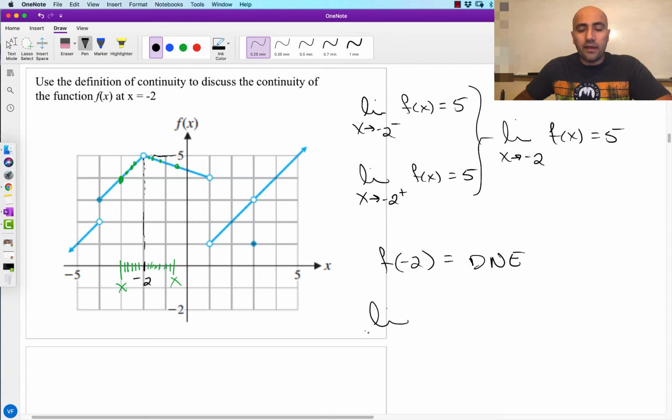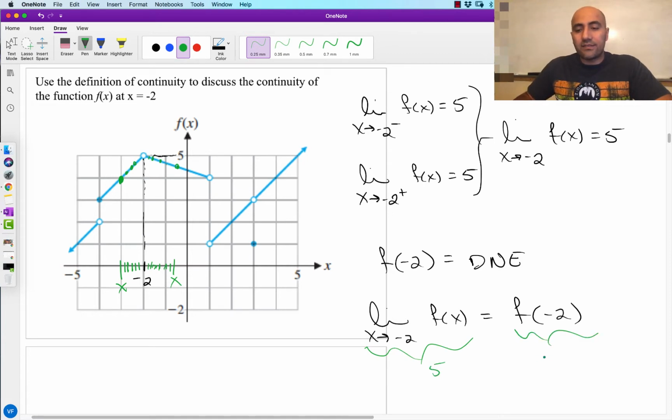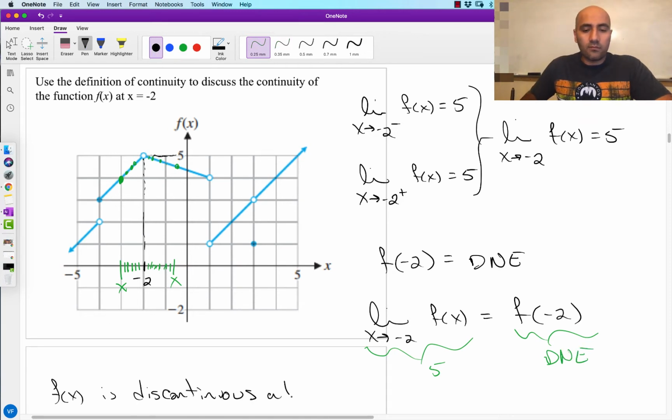The limit as x approaches -2 of f of x, when compared to f of -2, does exist and is equal to 5, but f of -2 does not exist. So we can conclude that f of x is discontinuous at x equals -2, right? Okay, try a different one.